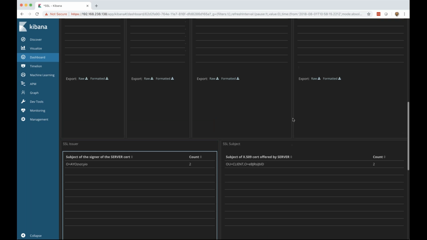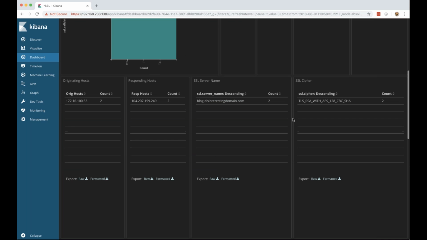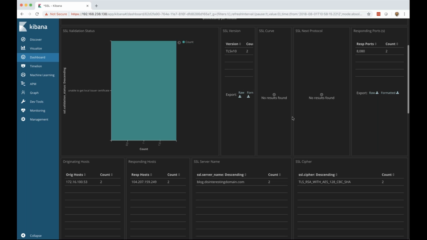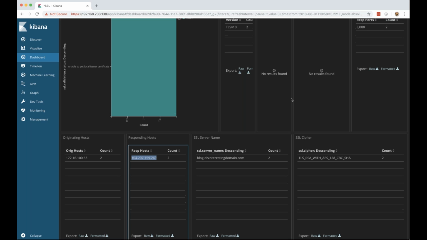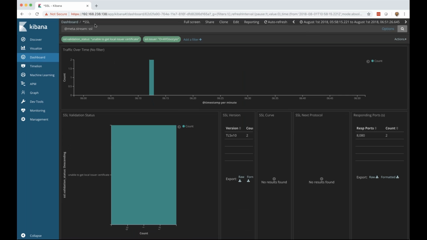So I want to look at that, because 9 out of 10 times it's usually malicious. And when I do that, I come across an IP address and I run across a server name. The server name is blog.disinterestingdomain.com, which becomes interesting. So as much as they want me to be disinterested, I become interested.